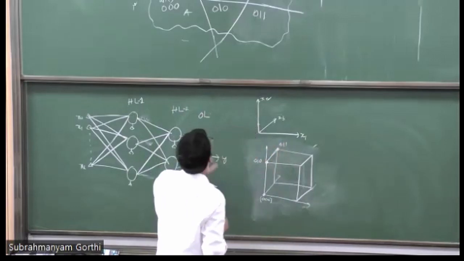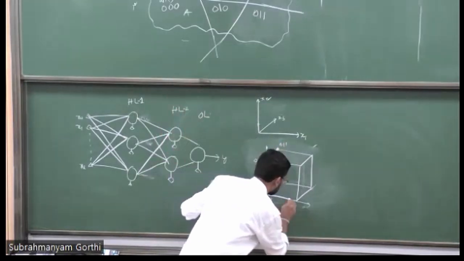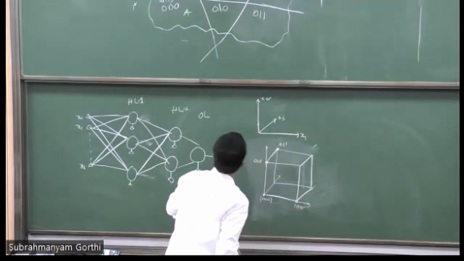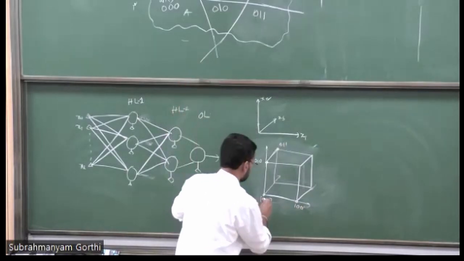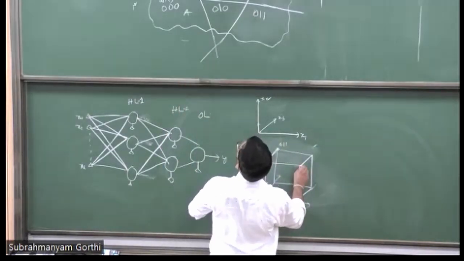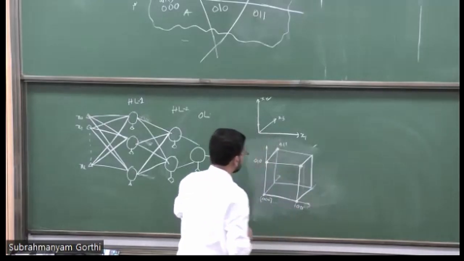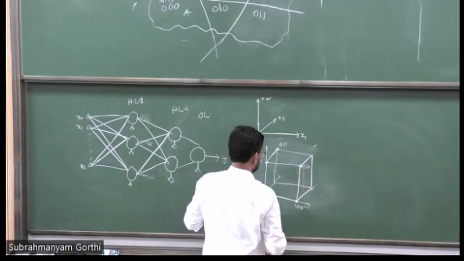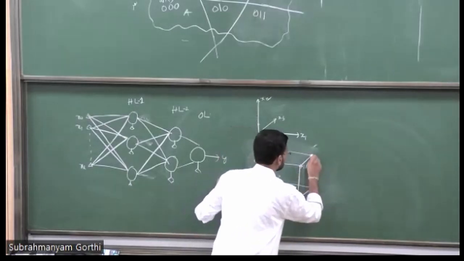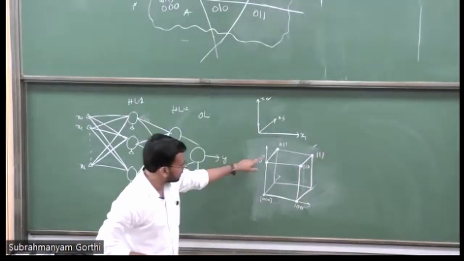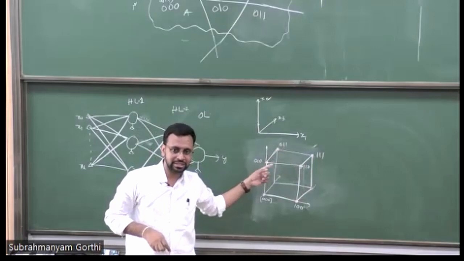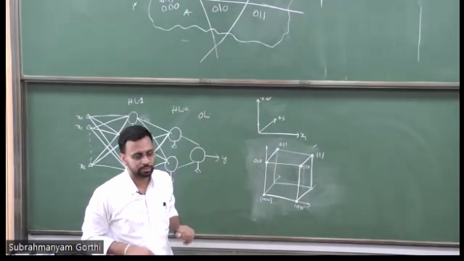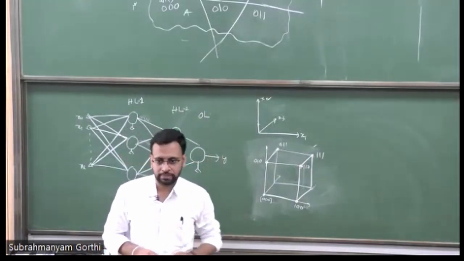Then 1, 0, 0: I move 1 along here and don't move along any other direction. Then 1, 1, 0: I move 1 here and stop there. And 1, 1, 1, which has to be the extreme. As you can notice, the rest of the vertices represent regions that do not exist, or may be outside your area of interest. Now, see here.